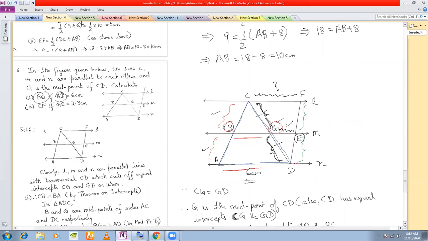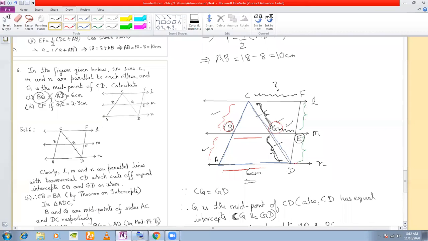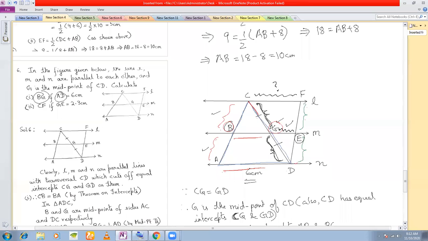Again, apply the midpoint theorem in this red triangle, because G is the midpoint of the side CD and E is the midpoint of the side FD. You have already shown this by the theorem on intercepts. So you can say that GE is parallel to CF, which is obvious, it is given, and also that GE is equal to half of CF by the midpoint theorem.